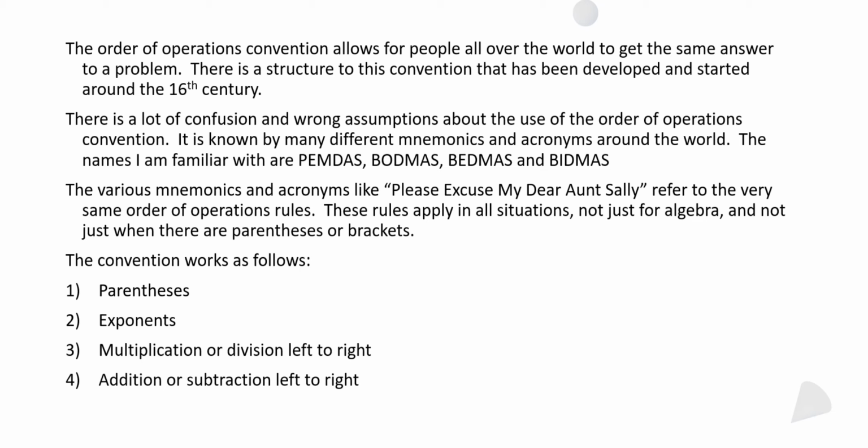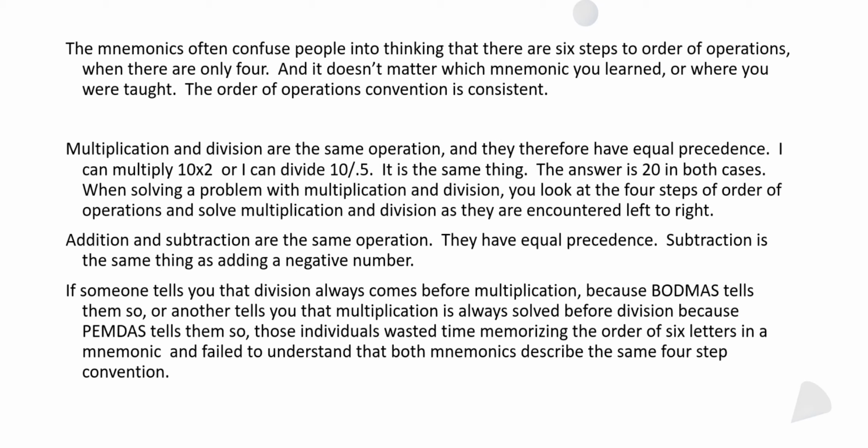These mnemonics oftentimes confuse people into thinking that there are 6 steps to order of operations, when in truth there's only 4. It doesn't matter which of these mnemonics you learned or where you were taught in the world, the order of operations convention is the same.